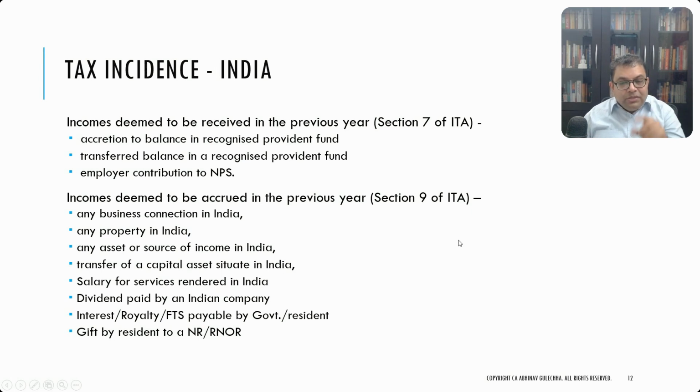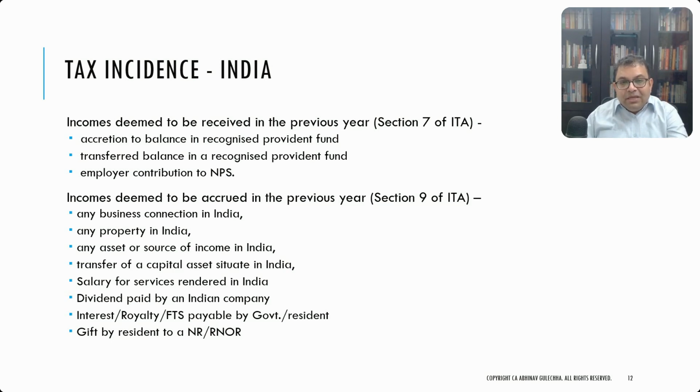Then there is a new provision that is coming from 1st April 2024. That means a gift by a resident to a non-resident or a resident and not ordinarily resident outside India. So even those transactions have come into the scanner of the government, and they have made this provision that any gift that is received by a non-resident or an RNOR from a resident, right?